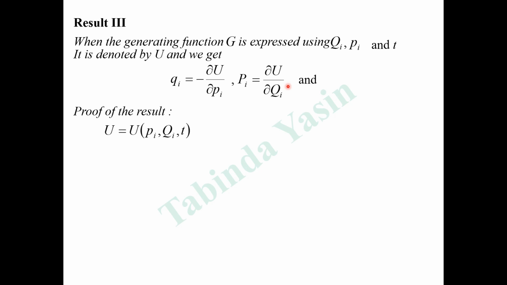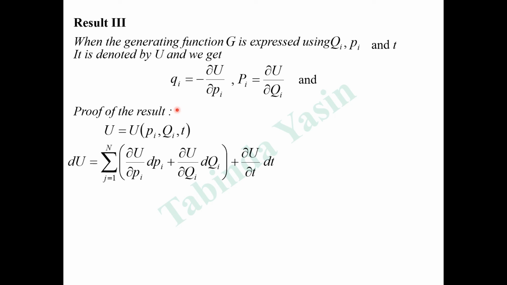Proof of the result: we have the new function U is equal to U(pi, Qi, t). Differentiating, we get dU is equal to summation over i equal to 1 to n of partial U over partial pi dpi plus partial U over partial capital Qi dQi plus partial U over partial t dt.